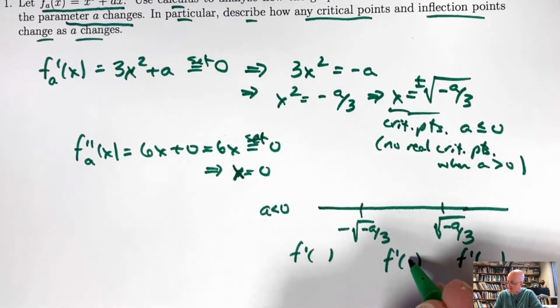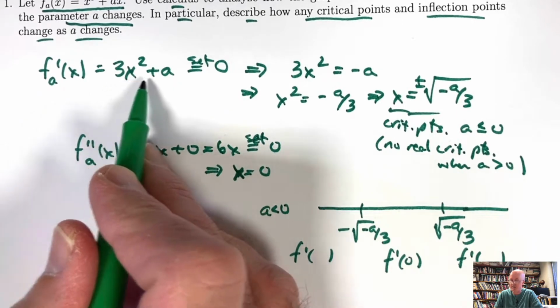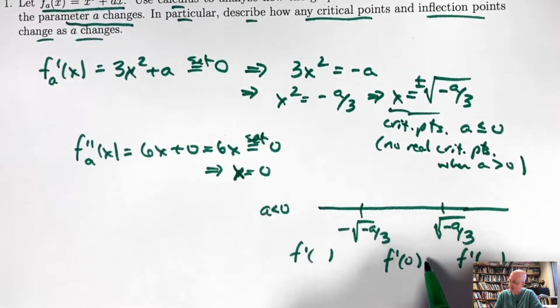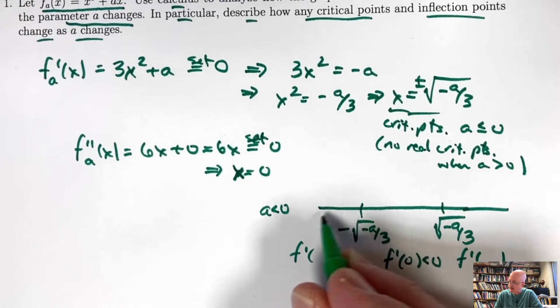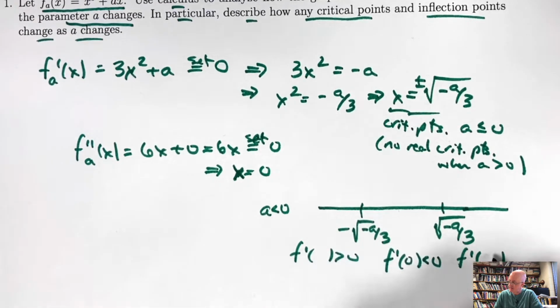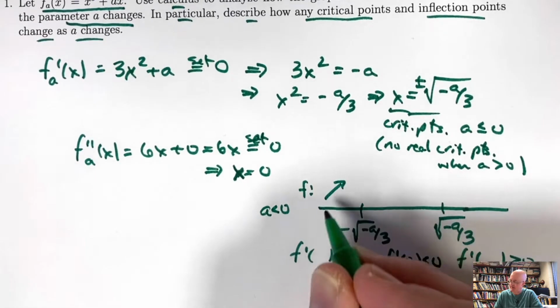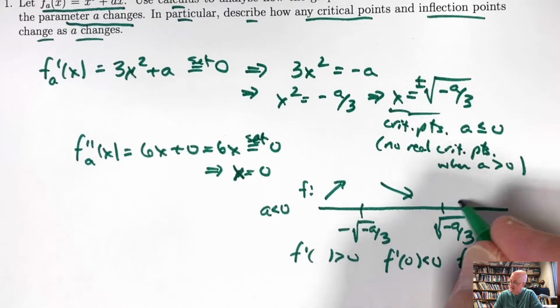You could plug in 0 if you wanted to make sure. 0 squared is 0, 3 times 0 is 0, 0 plus a is a. And if a is negative, then f prime of 0 is certainly negative. Over here, f prime of whatever you plug in will be positive. Same thing when you plug in a number over here. This means f itself is increasing in this window, decreasing in this interval here, and increasing over here.